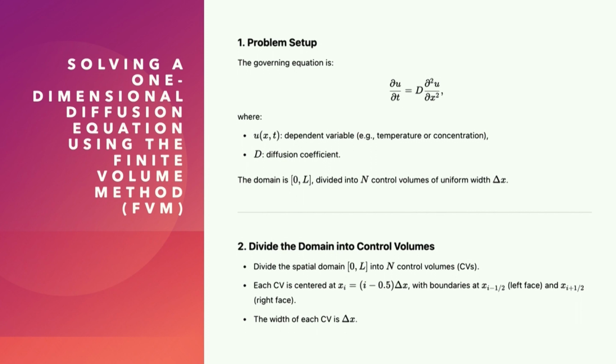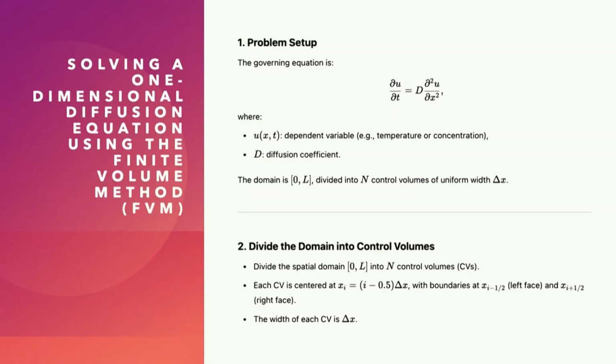And then the next step, we want to divide the domain into control volumes. In one dimension, control volume and finite difference are the same, because it is a single line. So, divide the domain into control volumes. The domain is of length L, and you have to apply the value of L in your coding.